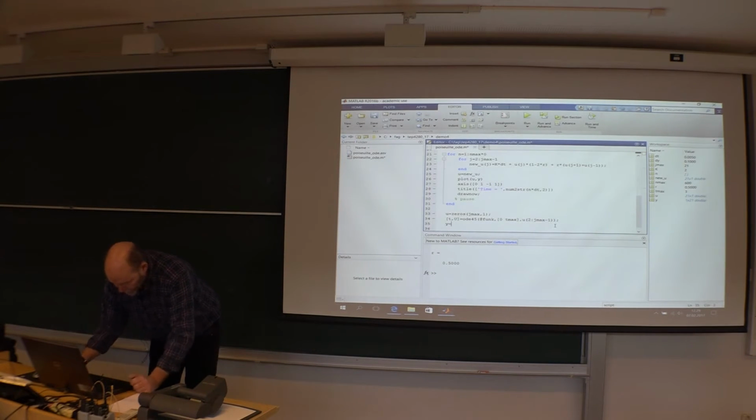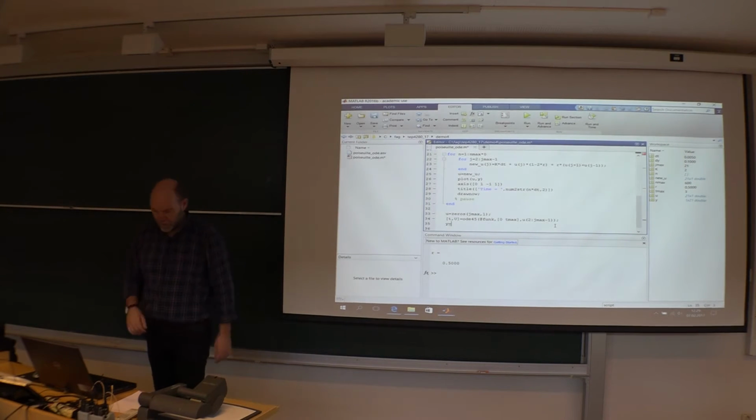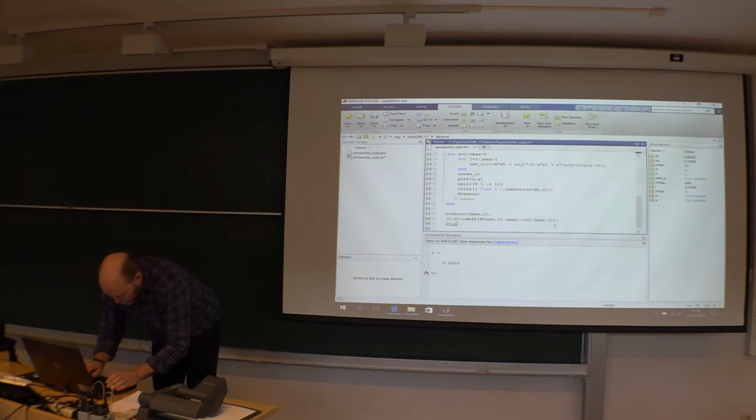I need a vector giving the position of these velocities. So here I use linspace. Then I go from -1 to 1, and I have j maximum of them.